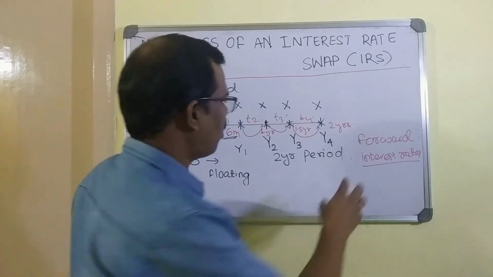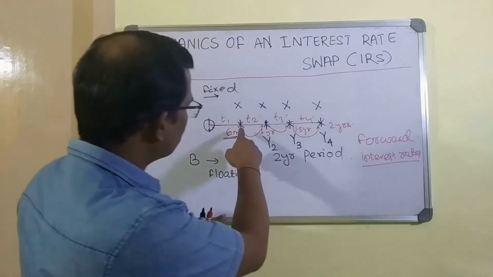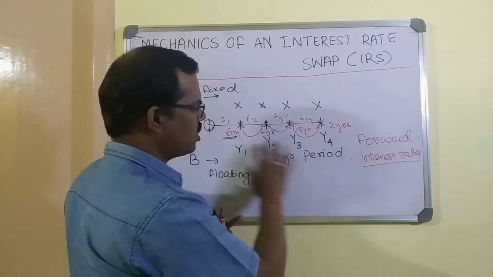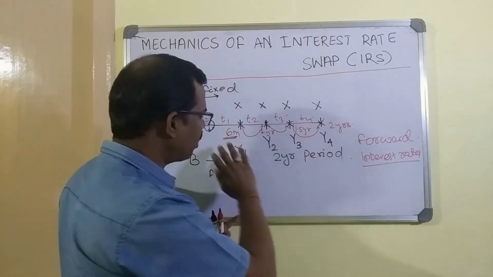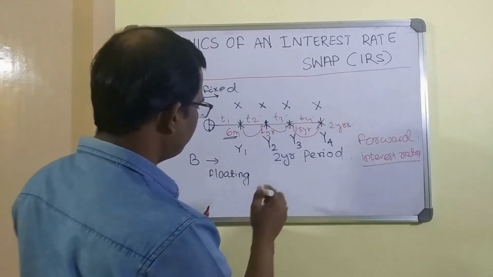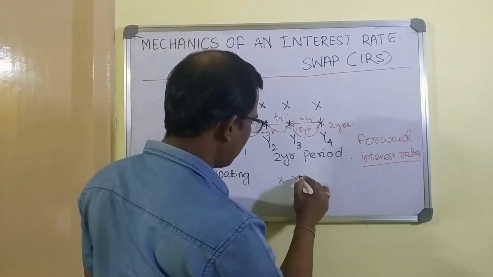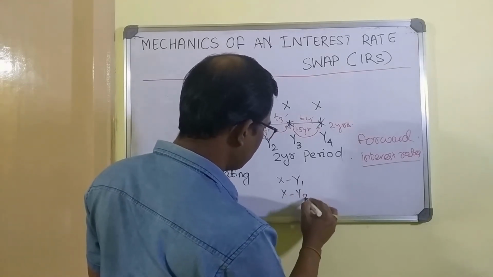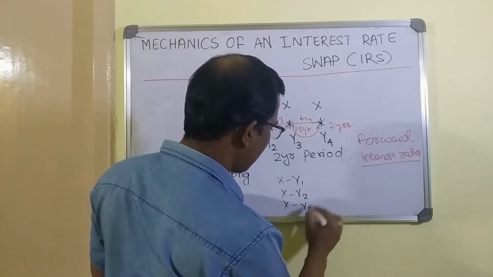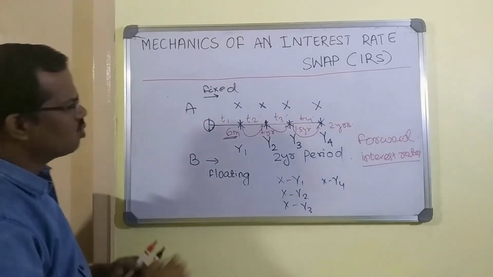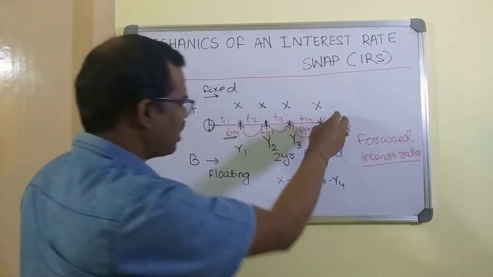Once you know the forward interest rates, you should be able to calculate the values of Y2, Y3 and Y4. Once you arrive at all the values of Y, you should be able to figure out the difference between X and Y in each period: X minus Y1, X minus Y2, X minus Y3 and X minus Y4. So you know each period's settlement amounts.